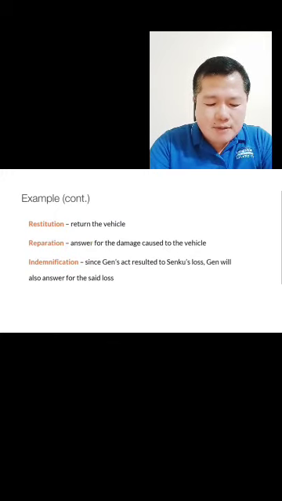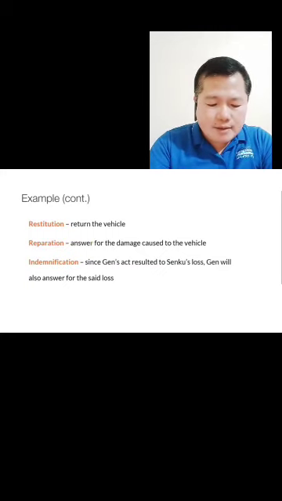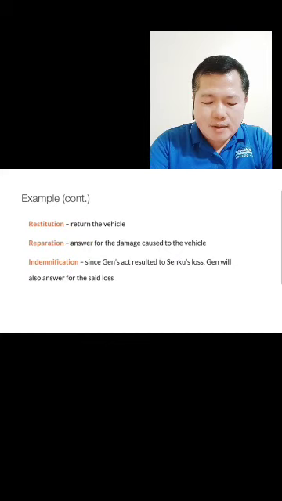The amount which Cinco was supposed to earn should be paid by Gen. For example, the amount to be earned is 50,000 pesos. So it is included in the civil liability to be paid by Gen.